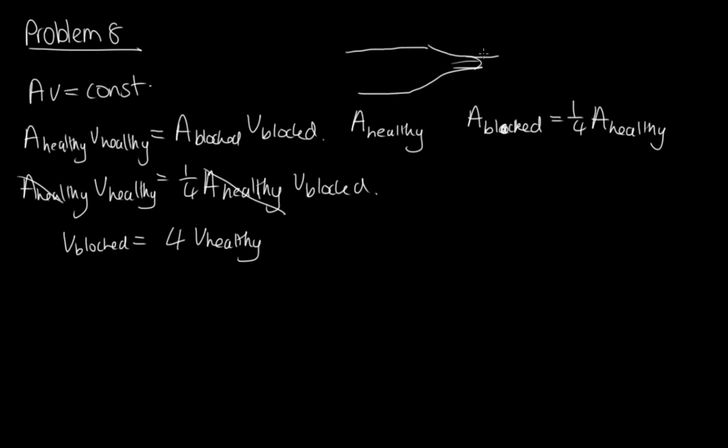The question goes on, making the assumption that the same volume of blood needs to pass through the blood vessel when it's healthy as when it's blocked, and then we're asked, is this a valid assumption, and discuss. Well, it's fairly valid because this blood is needed by the body to provide oxygen. So your body doesn't suddenly need less oxygen because some of your arteries are a bit clogged.